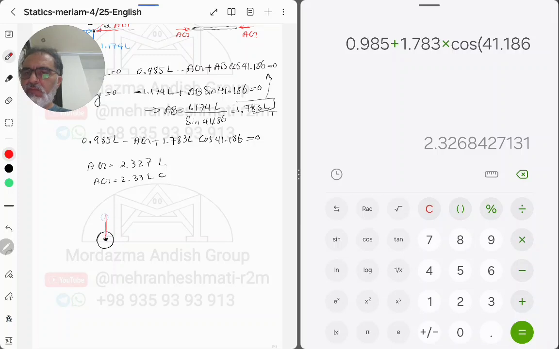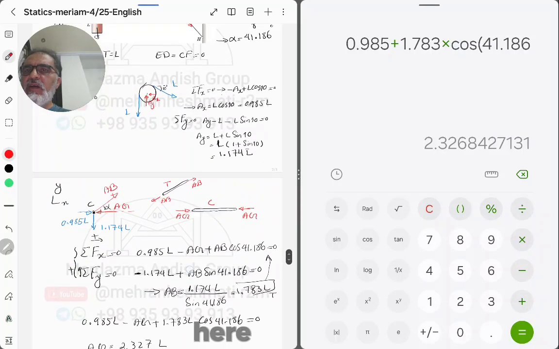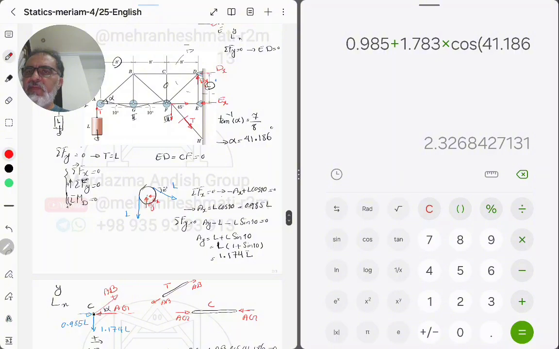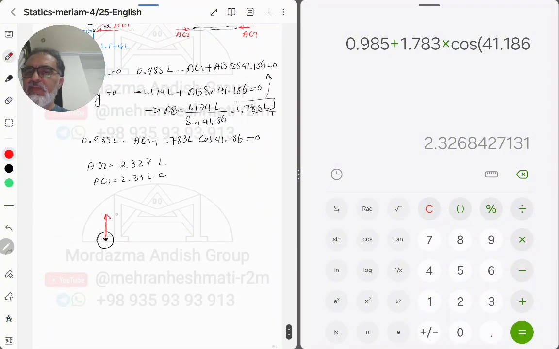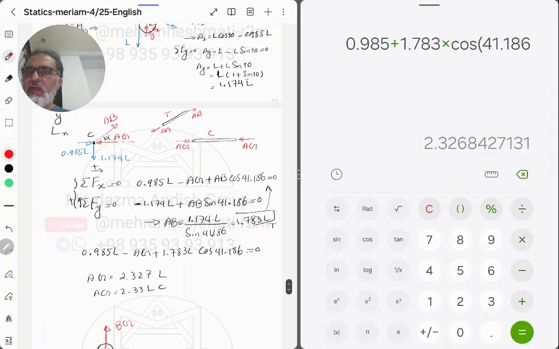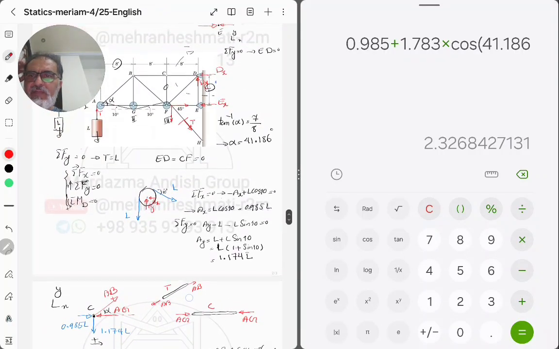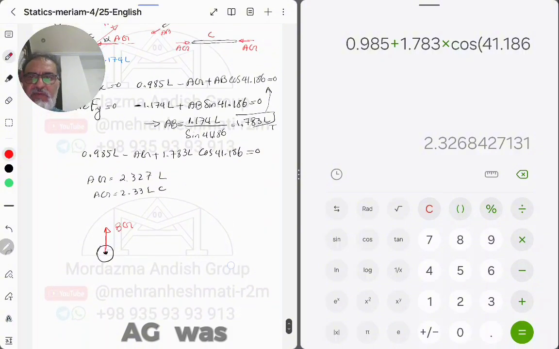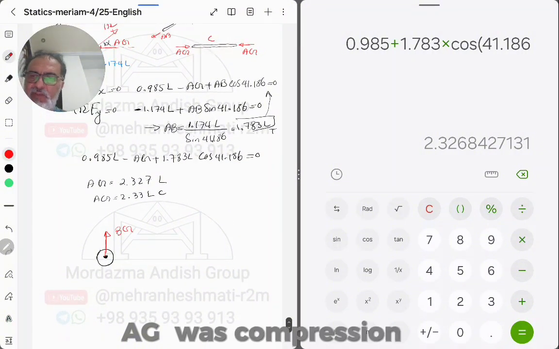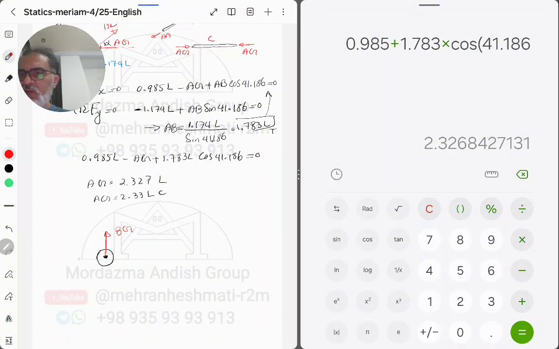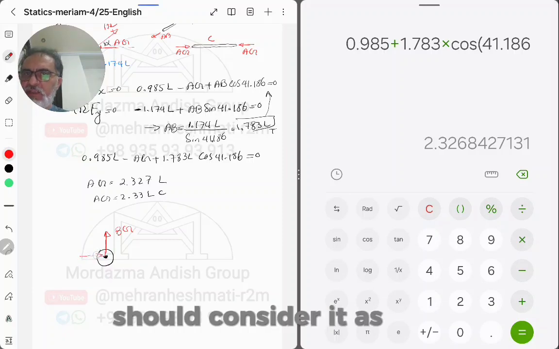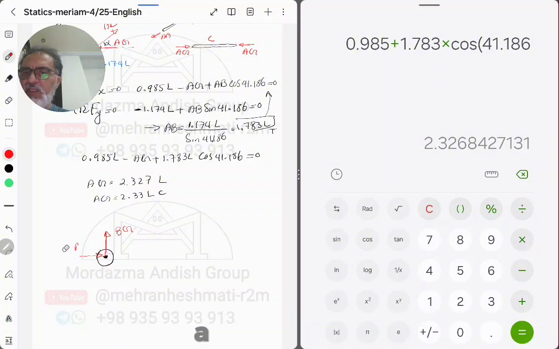Here we have BG, and also we have AG. AG was compression, so we should consider it as this direction, AG, but AG is known.